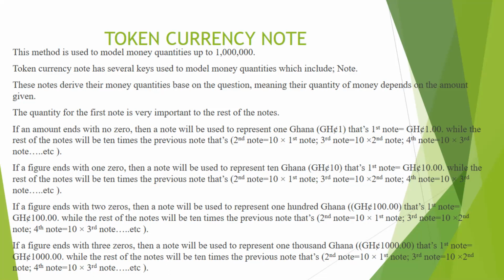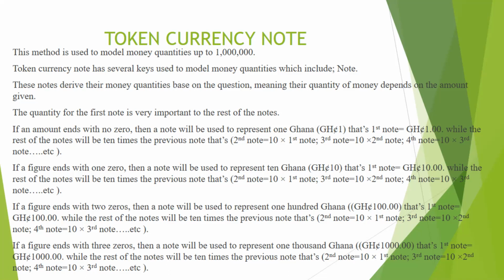That means your minimum currency here will be the 10 Ghana cedi note. The next note that follows the first note will be 10 times the first one. So if the first one is 10 Ghana cedis, the next one will be 10 times 10 Ghana cedis, which is 100 Ghana cedis, in that order.